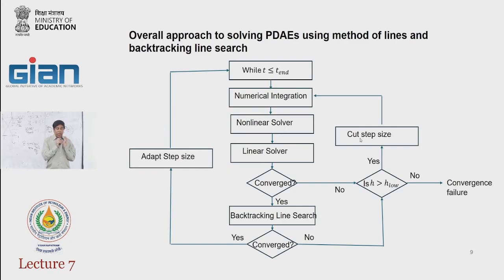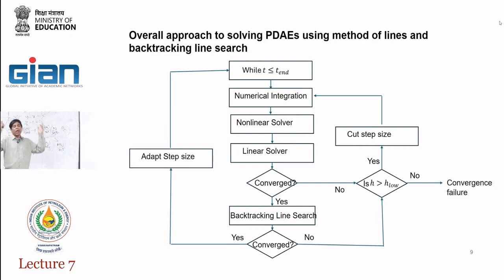Yesterday I said that most variants of the nonlinear solvers are some flavor of Newton-based method, right? And obviously there are many variants based on how you are calculating the derivatives, how you are approximating it, how you are calculating the step sizes and all of that.